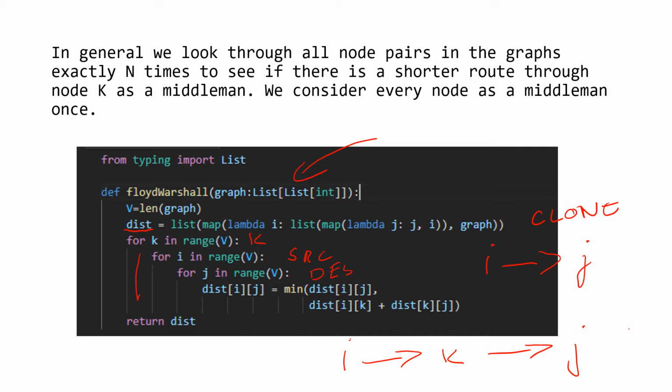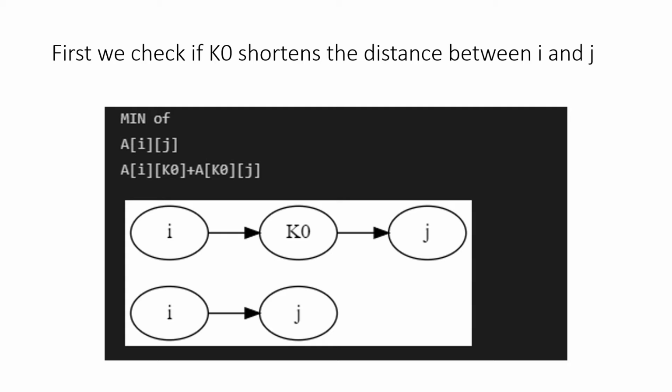And I'm going to explain this exactly to you later. In essence, in this algorithm, we check if going from node I to node j directly is a shorter path than if we would go through node k. So just summing up both of those distances and picking the minimum.